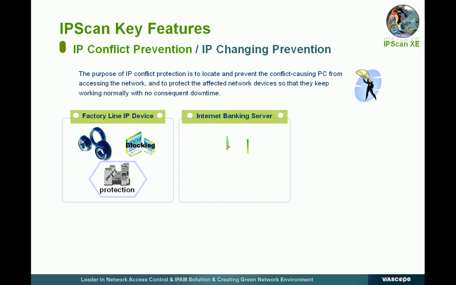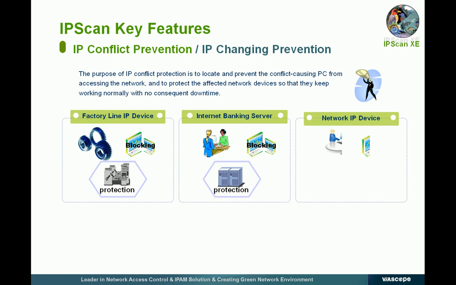From the financial viewpoint, terminals such as ATM machines, internet banking servers, and bank teller machines can cause huge financial and customer information losses if they are shut down. In the meantime, the network admin can use the IP conflict protection to block the trouble-causing device and protect the internet banking server from unauthorized access.